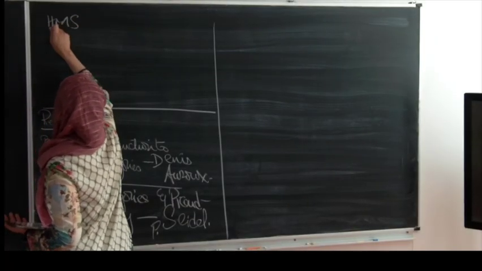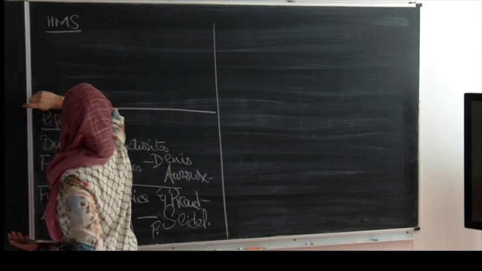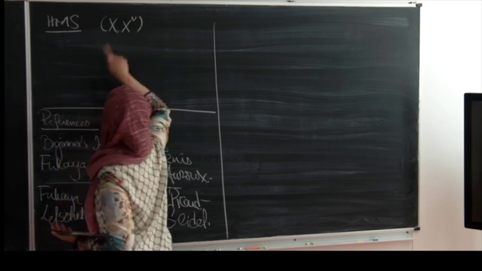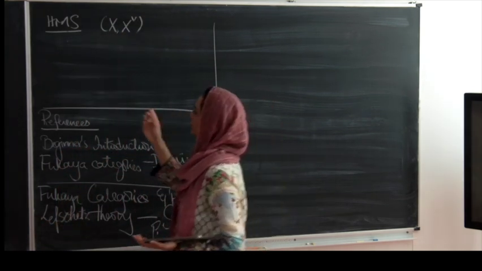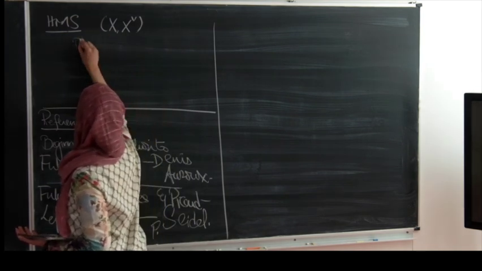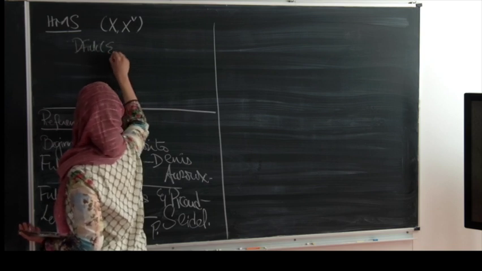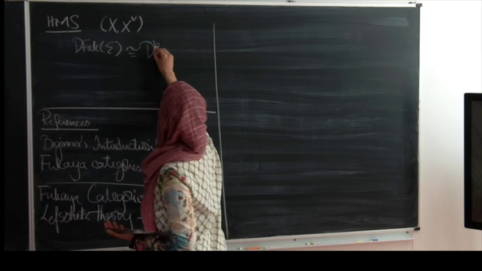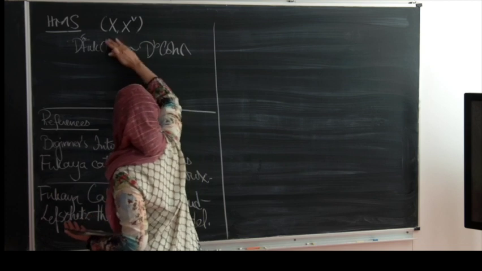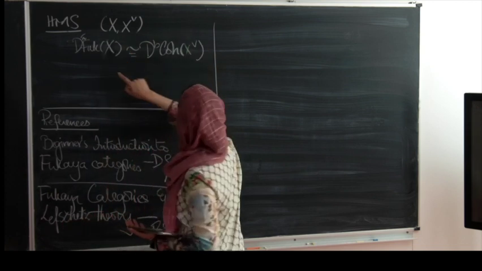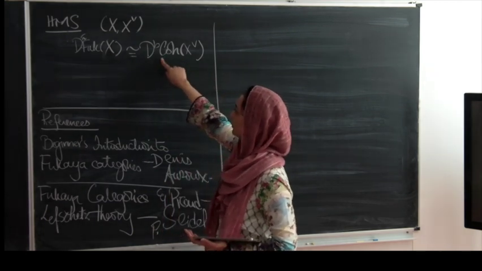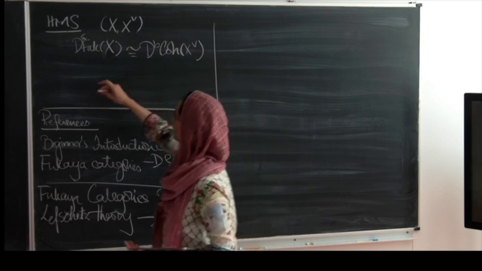Let me recall, where did the Fukaya category appear? It appeared in the homological mirror symmetry conjecture, which says that there's a pair of manifolds that are dual or mirror to each other in some sense, such that there's an equivalence between categories. So the derived Fukaya category of one is equivalent to the derived category of coherent sheaves on the other, and vice versa.